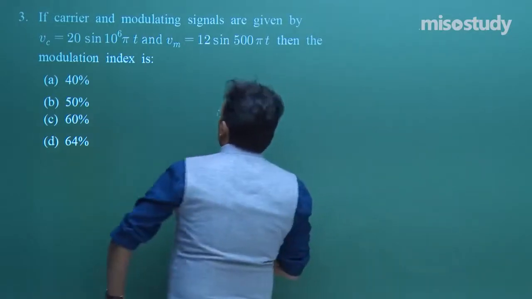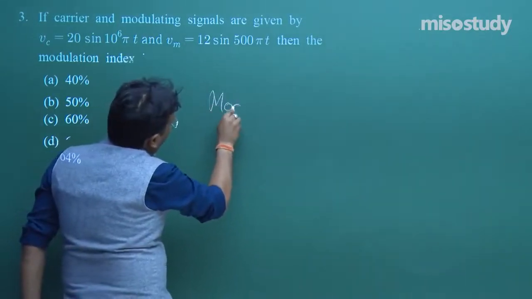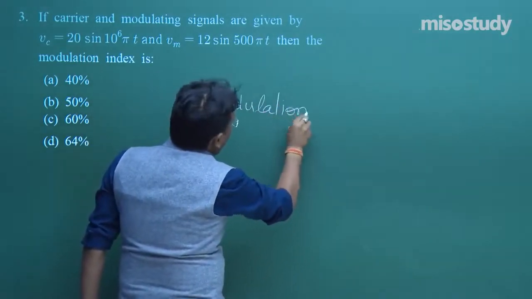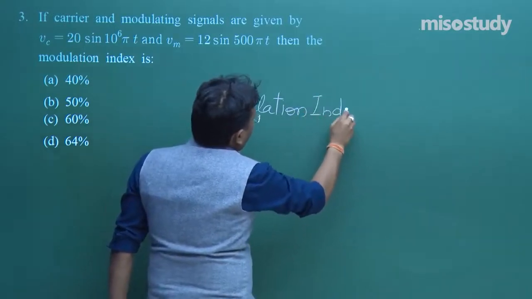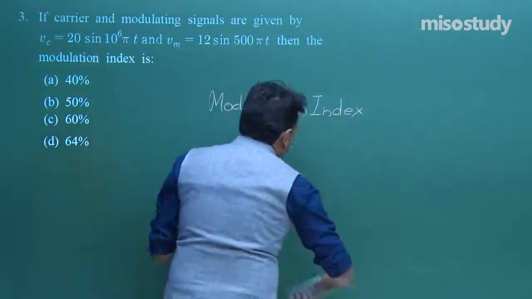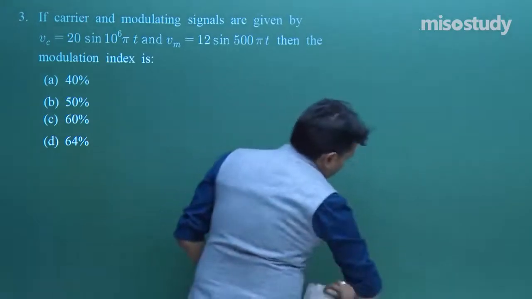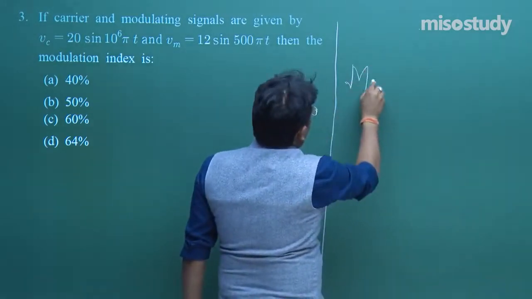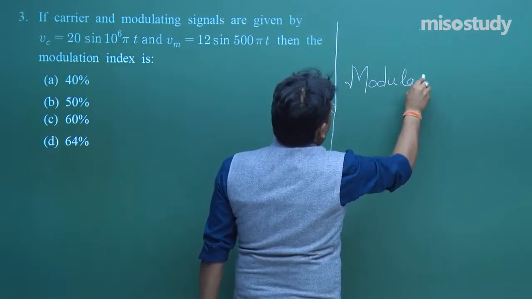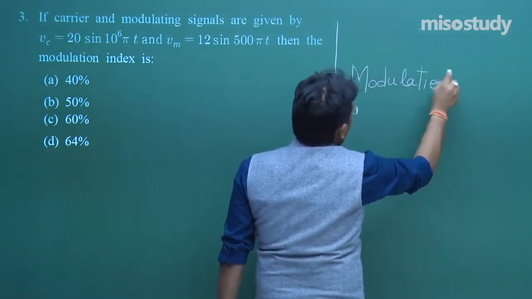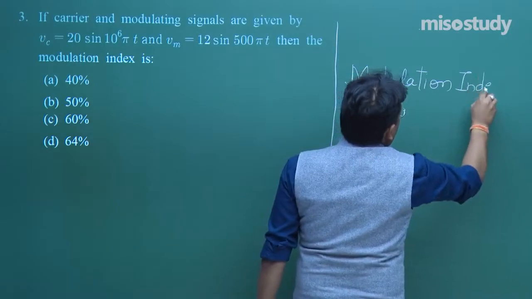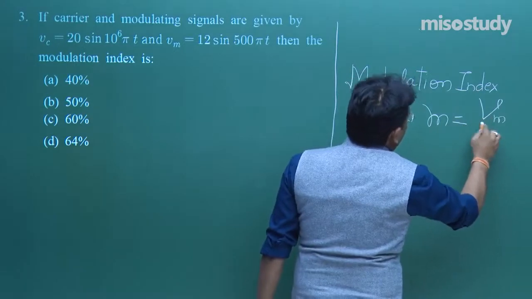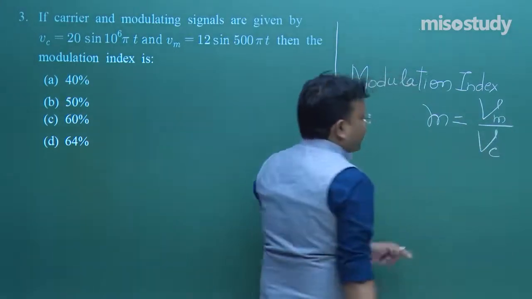Fine. So, modulation index M is equal to Vm, that is the modulating wave, upon Vc, that is the carrier wave.